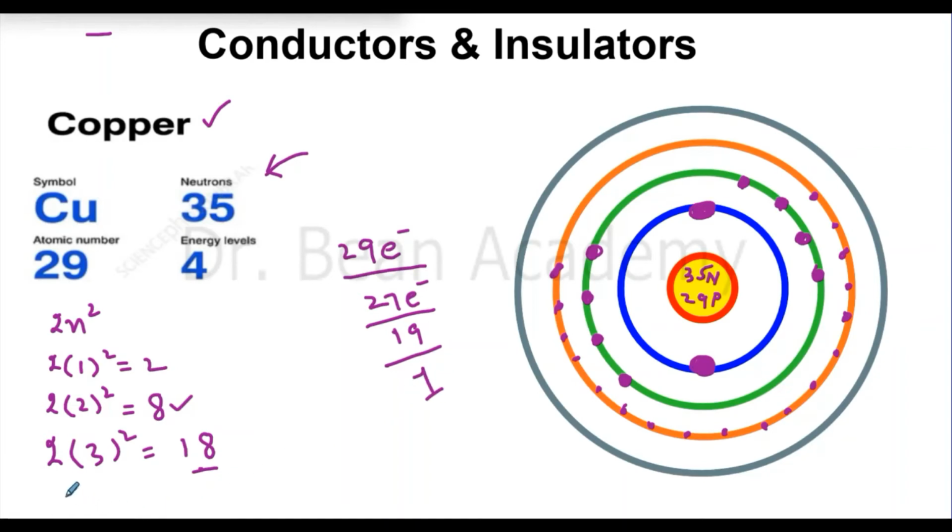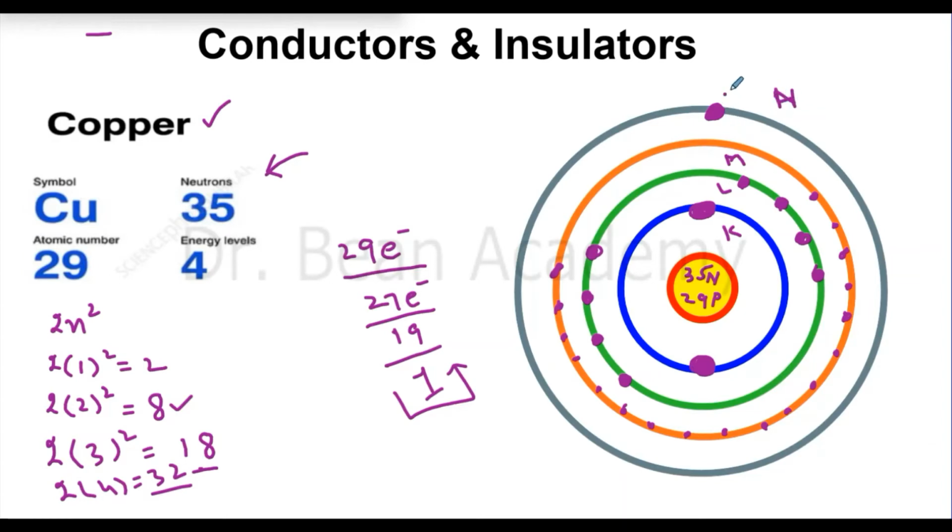And although the rule says that in the fourth orbit there should be 32 electrons, unfortunately I have only 1 electron for the fourth orbit. According to the labels, the innermost is K, then L, M, and the outermost is the N shell.